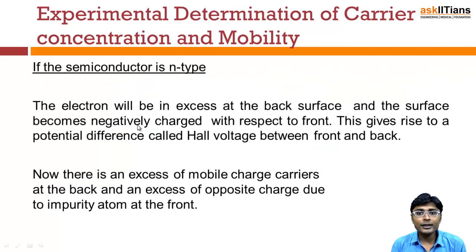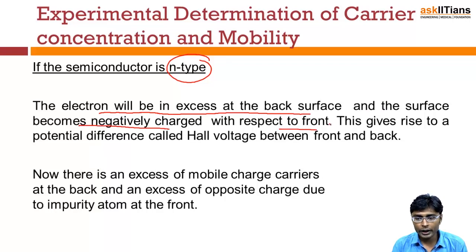Fine. So now let us assume that the semiconductor is n-type. If a semiconductor is n-type, then the majority of the charge carriers will be electrons. So electrons will be in excess at the back surface due to the force, and the surface becomes negatively charged with respect to the front. This gives the potential difference called the Hall voltage.